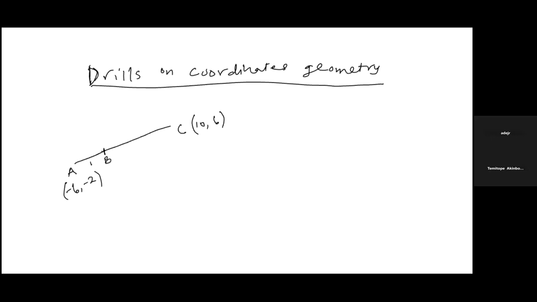So the coordinate of B is P, Q. So that means this is M, this is N. All right? Now, recall the point where the line has been divided in the ratio.